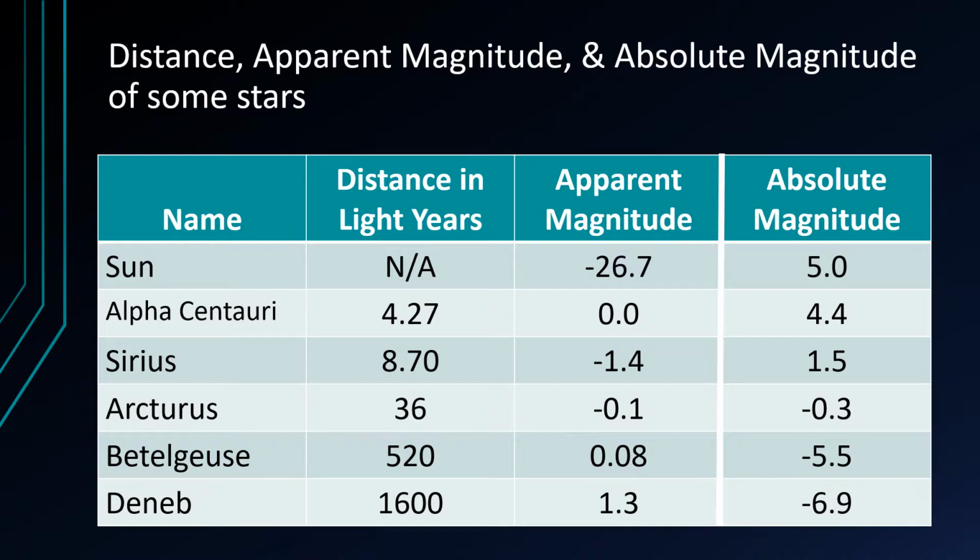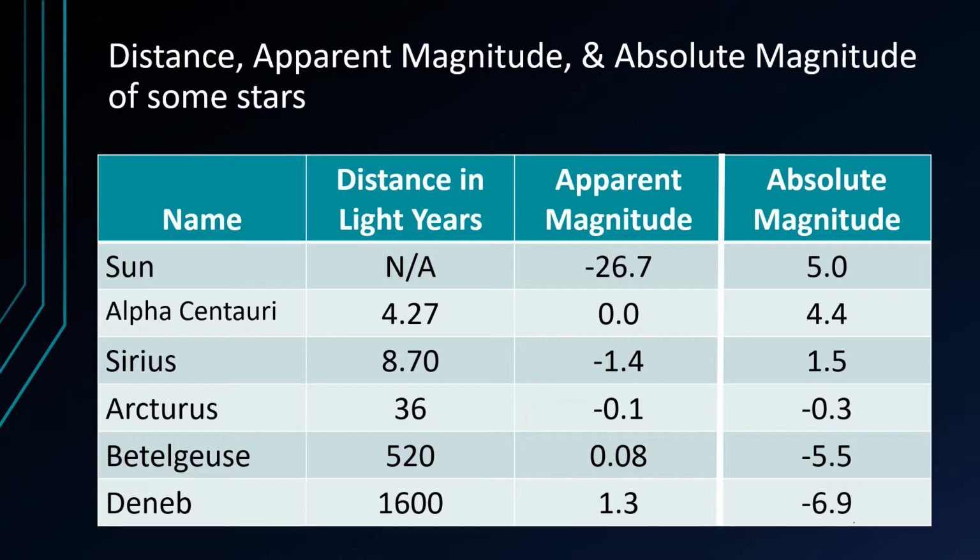Then Alpha Centauri, 4.27 light years away, has an apparent magnitude of 0. It's right in the middle. But its absolute magnitude is 4.4. So this is actually brighter than our sun. Alpha Centauri is brighter than our sun.